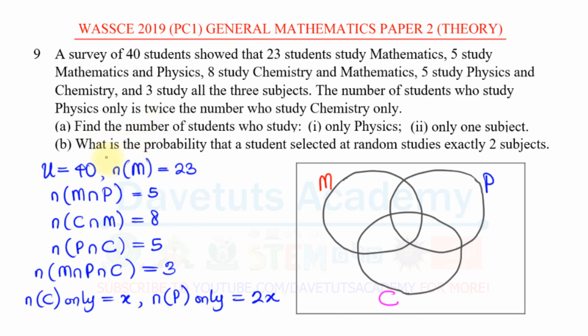Okay, now looking at all this information, it is best that we actually work it like this. We know that our U is 40, so I want to put in my U to be 40. Some people love to put that on top. Anywhere will do. The universal set is 40. And now let me put in all the other information as appropriate.